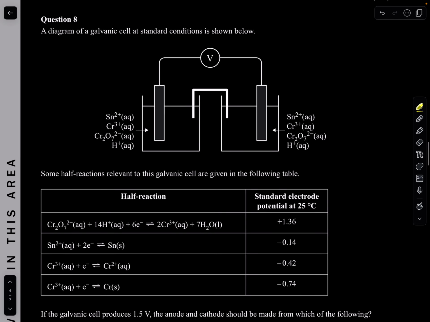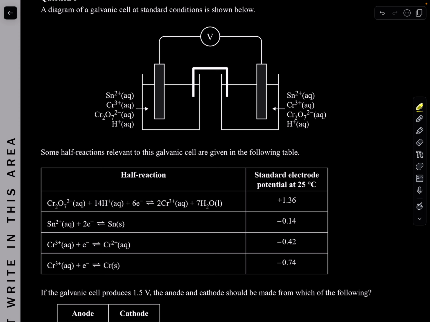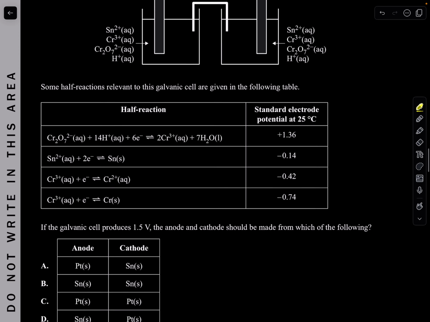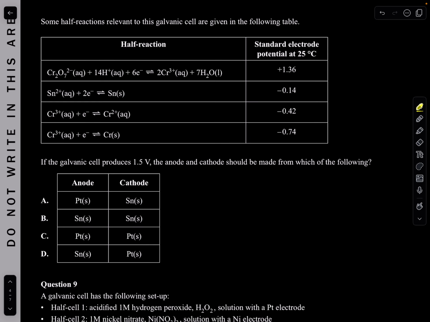Question 8. A diagram of a galvanic cell at standard conditions is shown. Some relevant reactions for these galvanic cells are given in the table. If the galvanic cell produces 1.5 volts, the anode and the cathode should be made from which of the following?